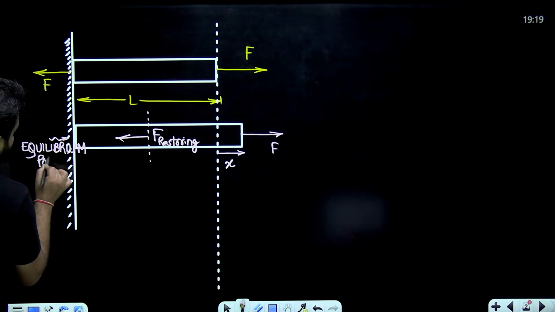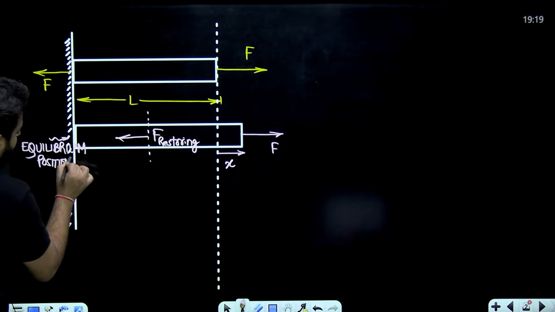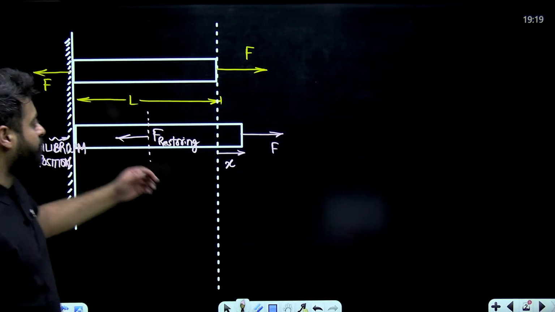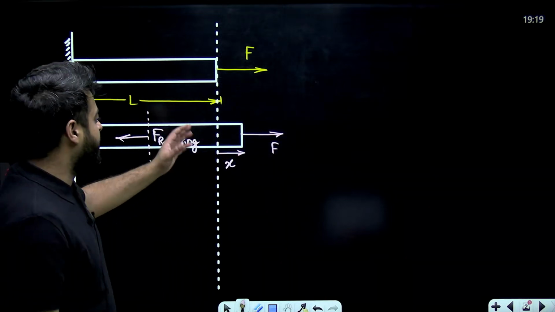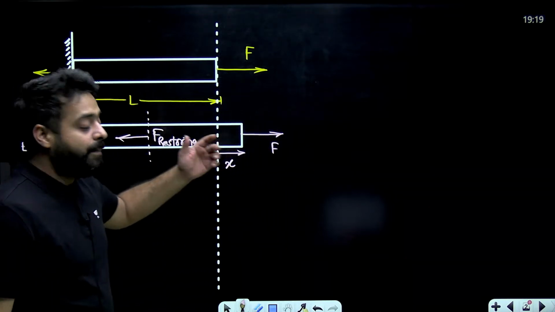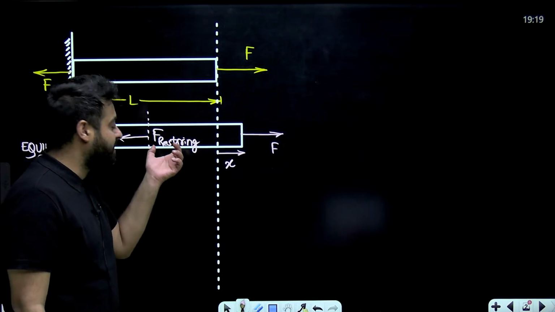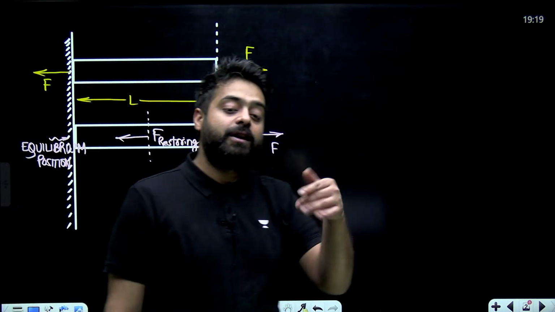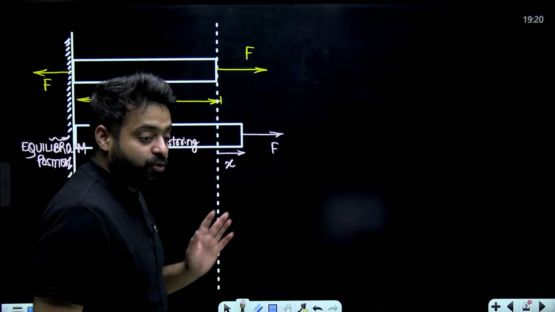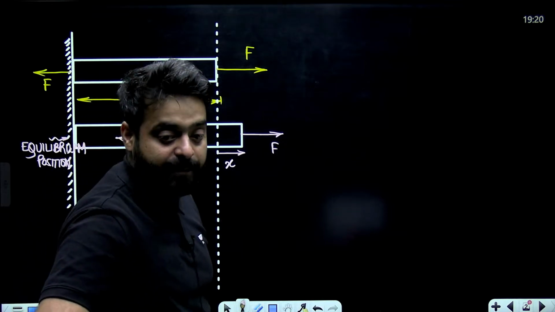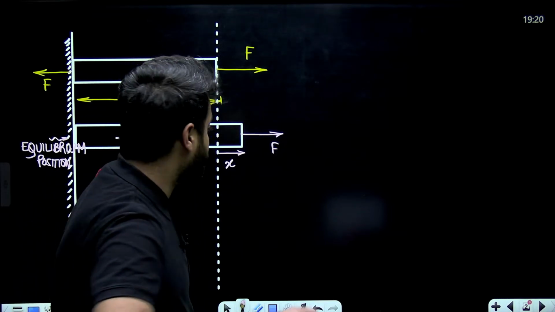At equilibrium position, due to the application of force F, this body gets displaced by some x value, but the body continuously tries to regain its shape by applying the restoring force, and the restoring force is an internal force. That's the most important part.